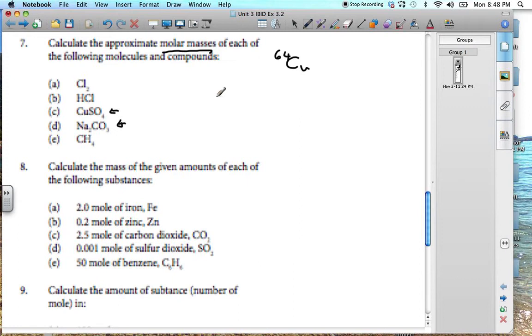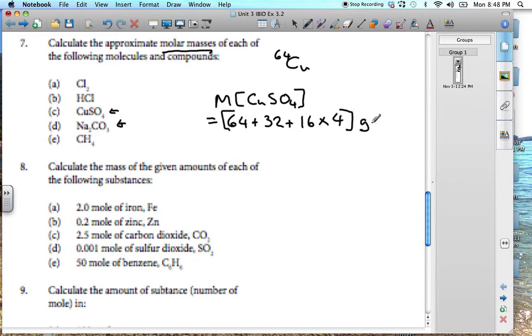So the molar mass of copper sulfate is equal to, you first have your copper, which is 64, plus the sulfur, which is 32, plus your oxygen. Each oxygen is 16, so we're going to have to times that by 4. And it's grams per mole. So we just have to add that all together.